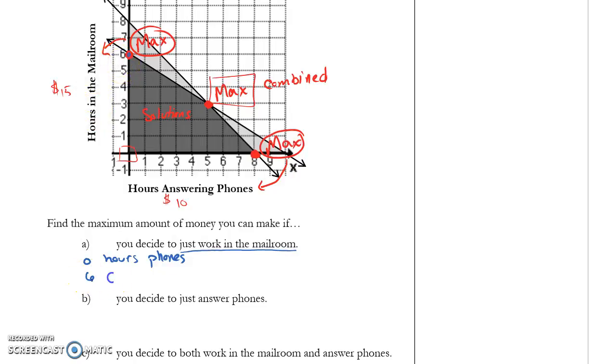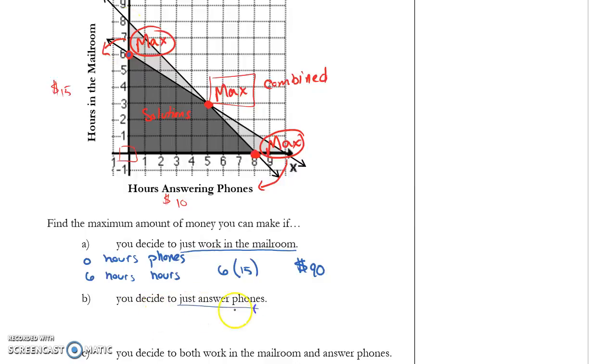So that means 6 hours in the mailroom is the maximum number of hours you can work there. And at 6 hours at $15 per hour, 6 times 15 means you could get paid $90. And that's why they can't afford to pay you any more than $90. That's why you can't work 8 hours in the mailroom, because then they wouldn't be able to pay you.